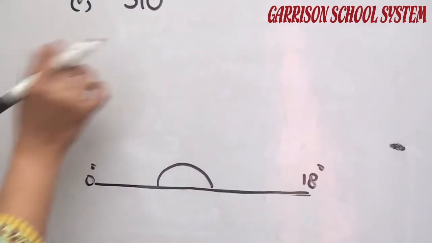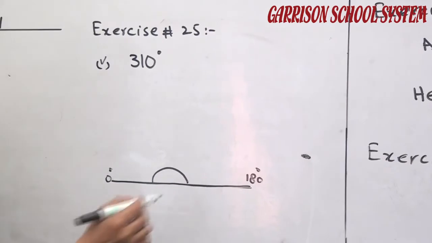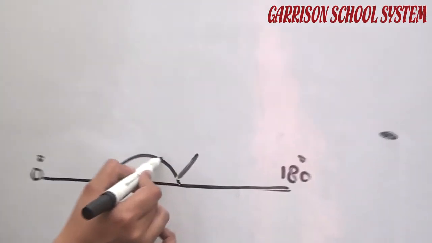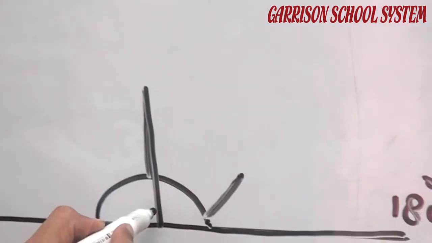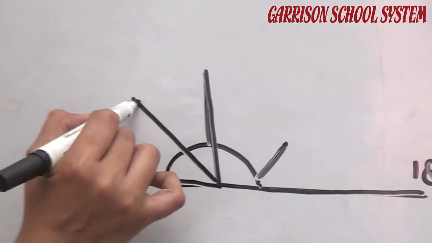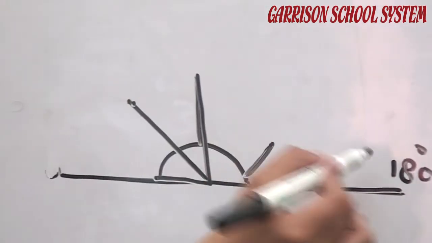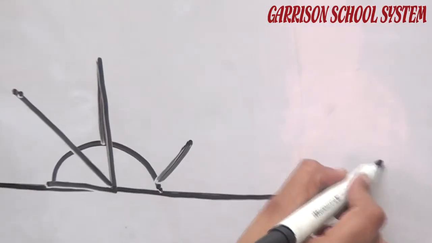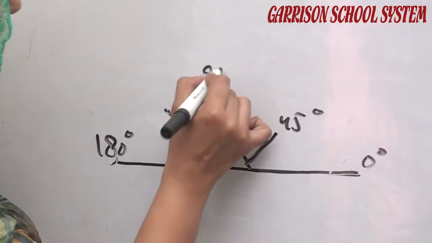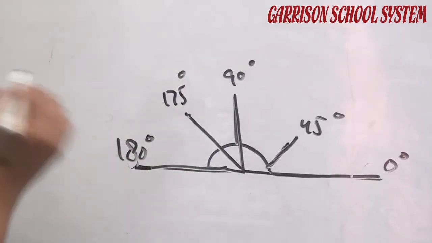So in this case, we will subtract. For example, students, here is the 45 degree angle, here is the 90 degree angle, here will be the 175 degree angle, so here 180 degree.